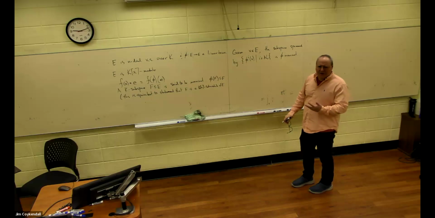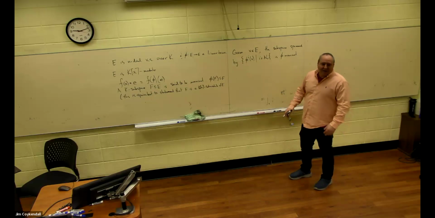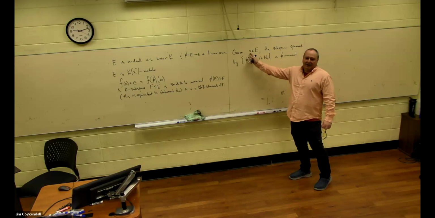And in fact, I kind of cheated here to make this. If I want V to be in a phi invariant subspace, then phi of V better be in there, and phi of phi of V, and so forth.